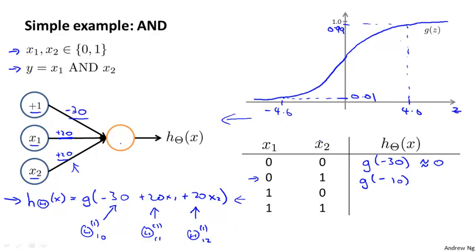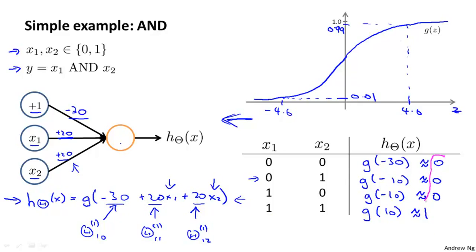And again, that's to the far left of this plot, and so that's again very close to 0. This is also g of minus 10, that is, if x1 is equal to 1 and x2 is 0, this is minus 30 plus 20, which is minus 10. And finally, if x1 equals 1 and x2 equals 1, then you have g of minus 30 plus 20 plus 20. So that's g of positive 10, which is therefore very close to 1.